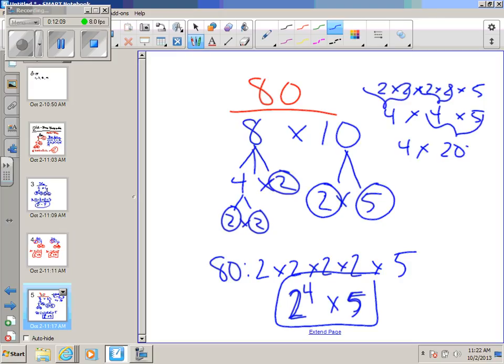What's 4 times 20? 80. If you multiply it back again, you should get the number you started with. If I had 2 to the 3rd power and multiplied it by 5, I don't get 80. I get 40. 2 to the 3rd power, we said, was the three-headed monster, right? 8 times 5 is 40.